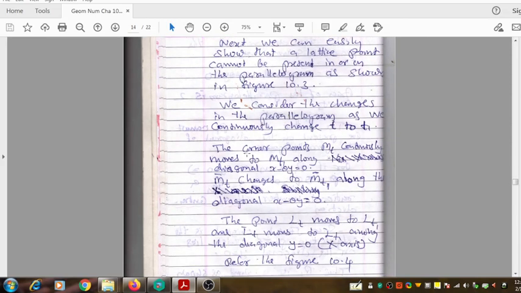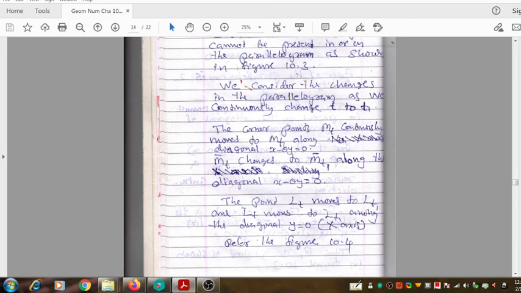Let's consider the changes in the parallelogram as we continuously change the value from T to T1. We have discussed the value h. What is the importance of h?